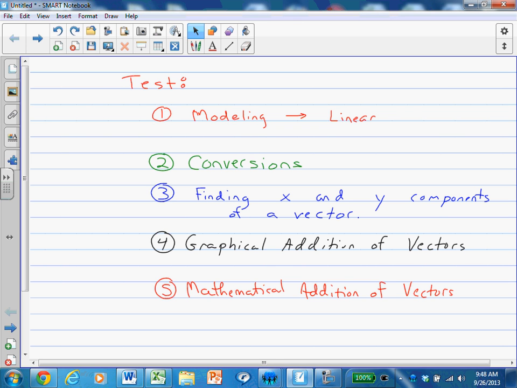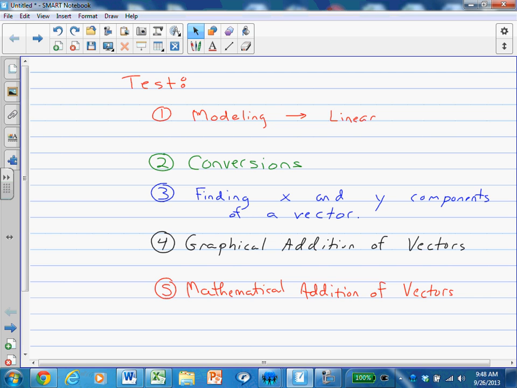The graphical one is when you have the scale and the protractor and the ruler and the map, right? And so the first vector is 20 meters long, but 5 centimeters equals 1 centimeter, so then you do that conversion and you measure it and you use the protractor and you draw it on there.